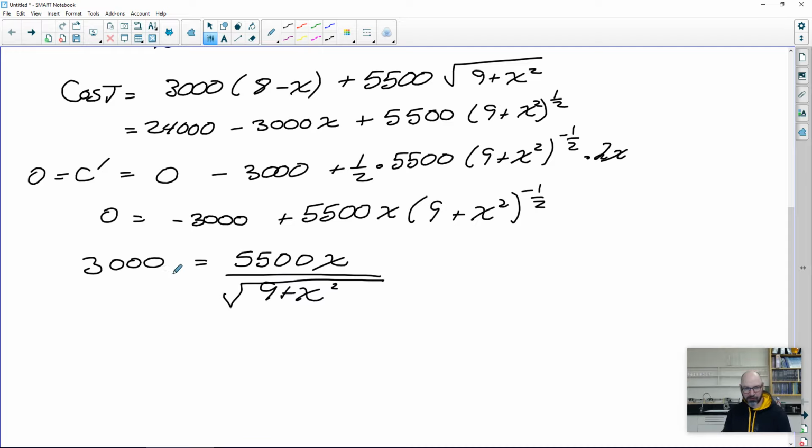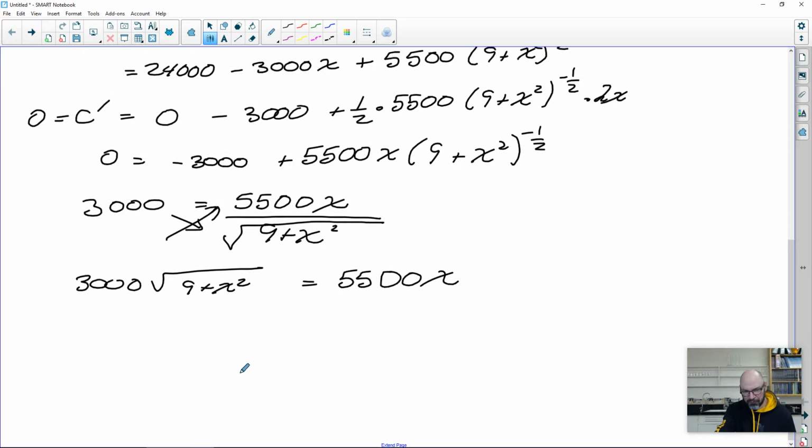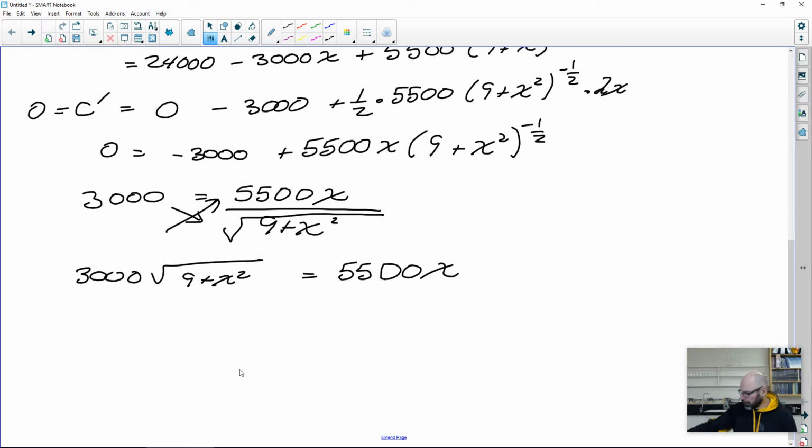Okay, so now you cross multiply here. So you got 3,000 times the square root of 9 plus x squared equals 5,500x. Okay, now to solve this, Tia, all you have to do is divide both sides by 3,000. So take your calculator out here and go 5,500x divided by 3,000.